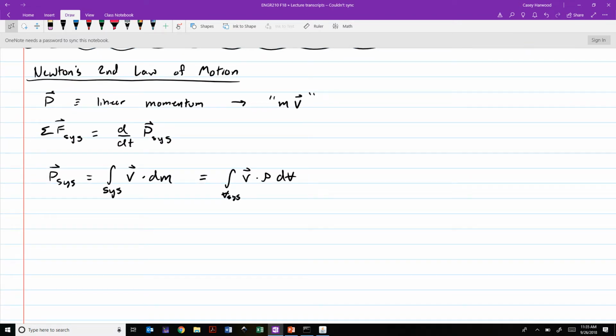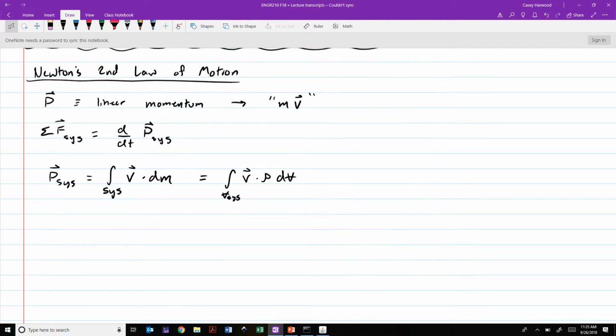So the first step in applying conservation of linear momentum to something that isn't a system is to recall this idea that if we take a snapshot in time, at some instant, a system can be bounded by a control surface.